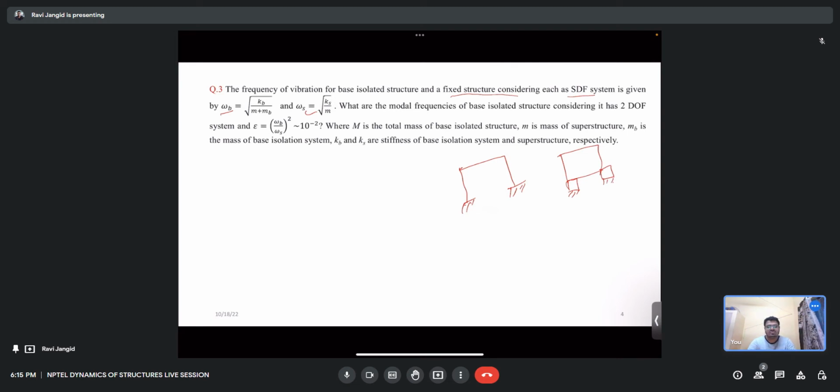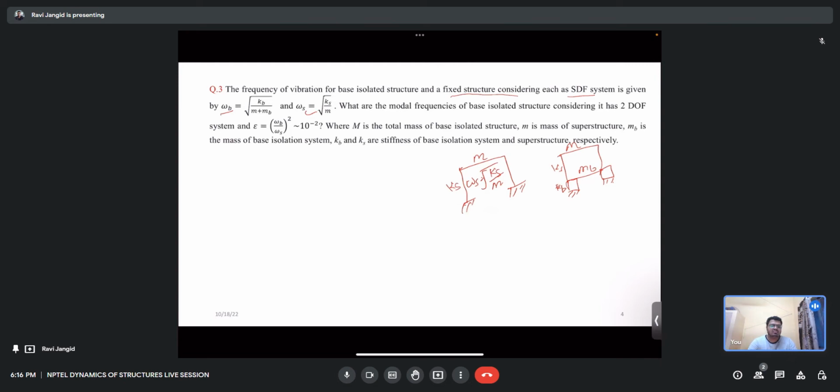Okay, so for this, the stiffness of the column is Ks, and the mass is m. So omega s would be the square root of Ks by m. For the base isolated structure, let us say this is the mass of the superstructure and this is the mass of the base. This is Ks and the stiffness of the isolator is Kb, in which Kb is much less compared to Ks.